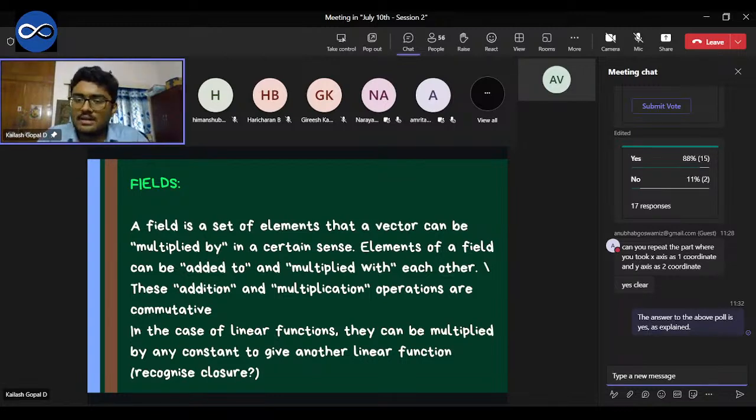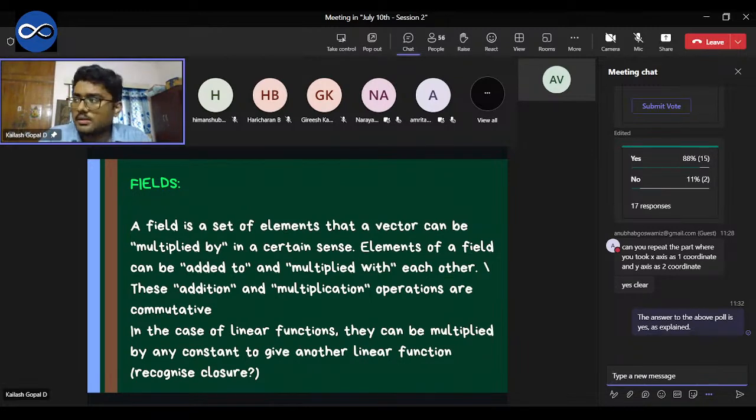Okay, now let's take an example in the case of linear functions. In the case of linear functions, the real numbers are the field, because you can multiply the slope by any real number. So you can define a multiplication of a slope to give another vector, another real slope itself.